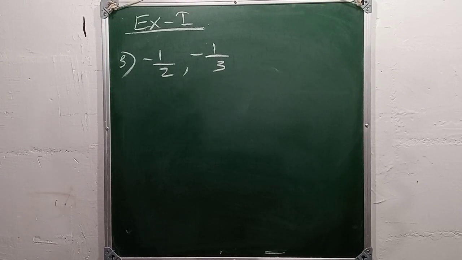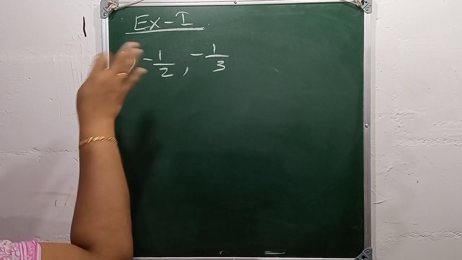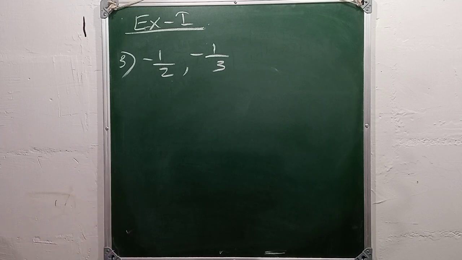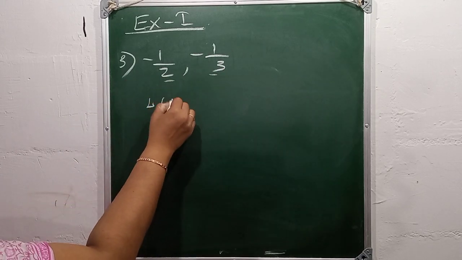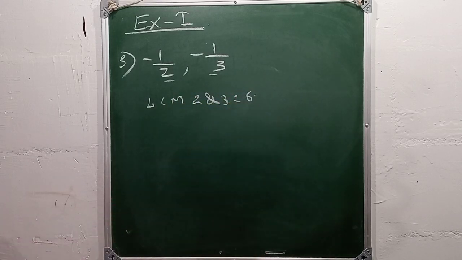Next question is negative 1 by 2 and negative 1 by 3. As we did in the last question, we are going to find equal fractions with the same denominator. For that, first take the LCM of 2 and 3. What is the LCM of 2 and 3? That is equal to 6.